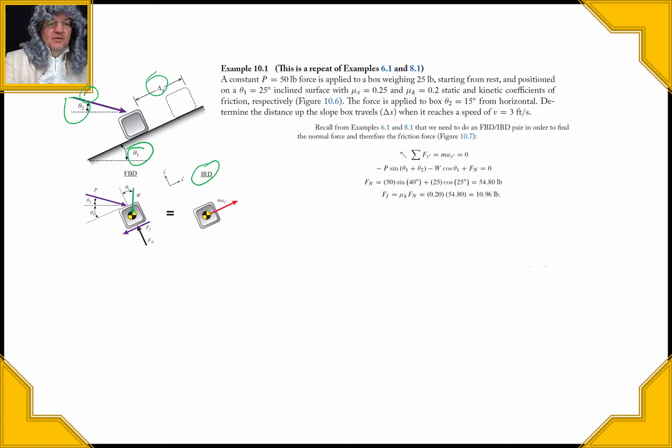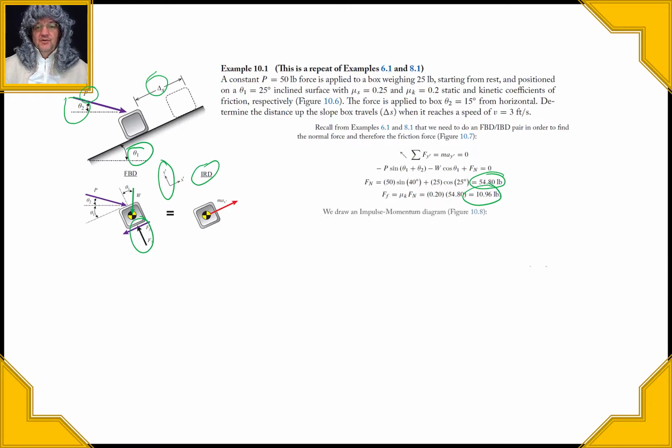So we used the FBD portion of it, and really only in the y prime direction, so that we could find what this normal force is. And then we assume it's moving, but we did find that it would be moving in example 6.1 or class 6. So multiplying the normal force by the coefficient of friction, we get the friction force.